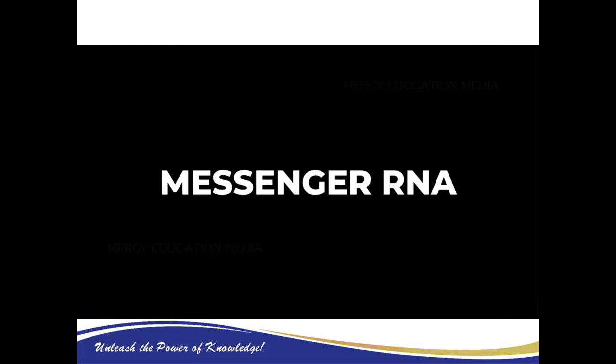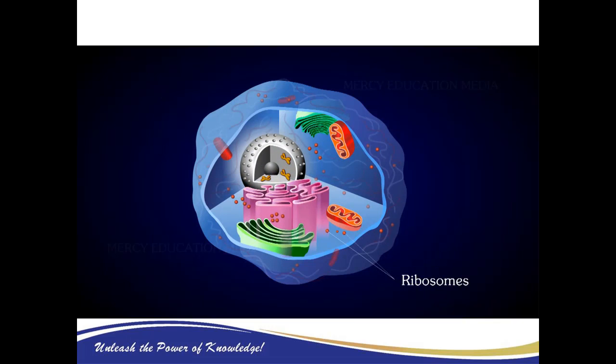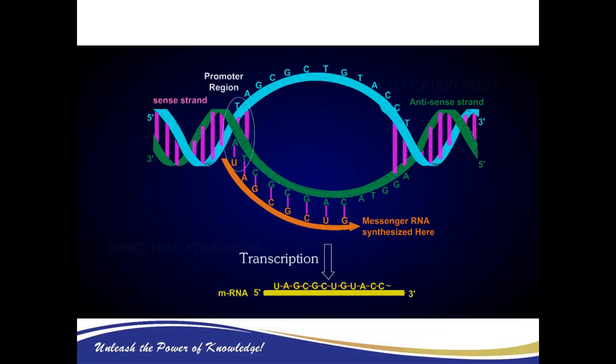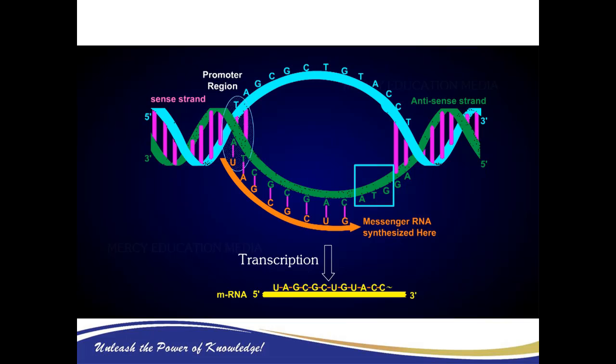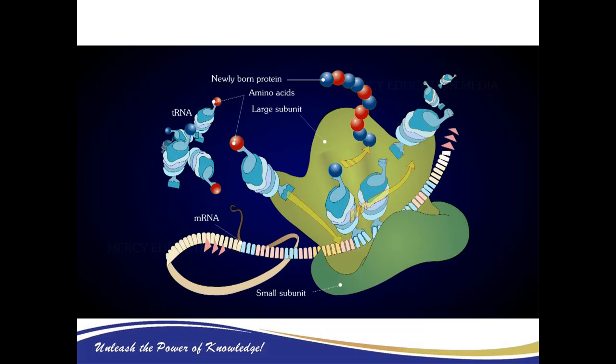Let us know about the messenger RNA. As the name suggests, mRNA carries the genetic information from DNA to the ribosomes. Genetic information on the DNA is transcribed into the mRNA by a process called transcription. Here the message is translated into action, that is, based on the genetic information, different types of proteins are synthesized.